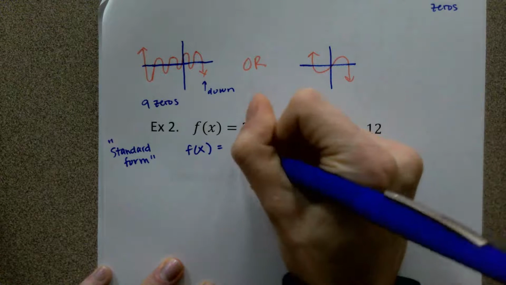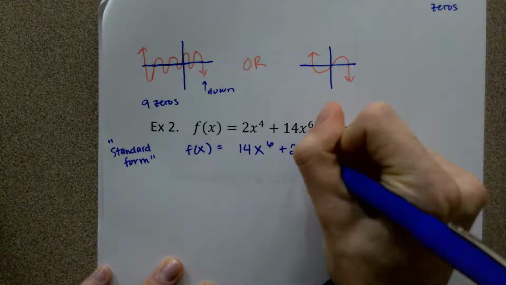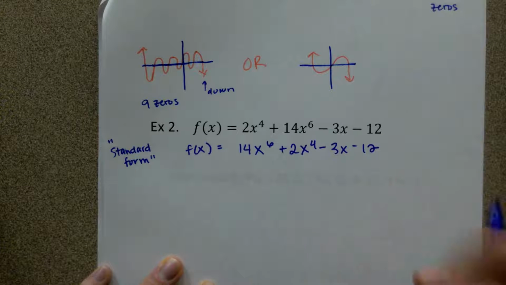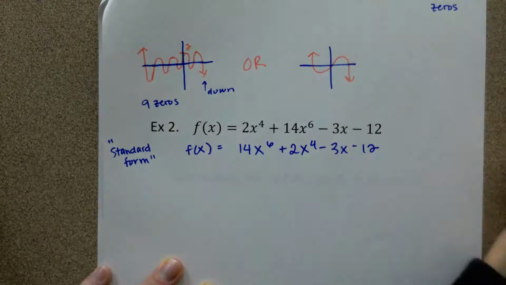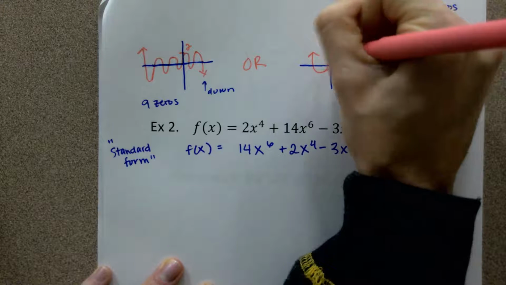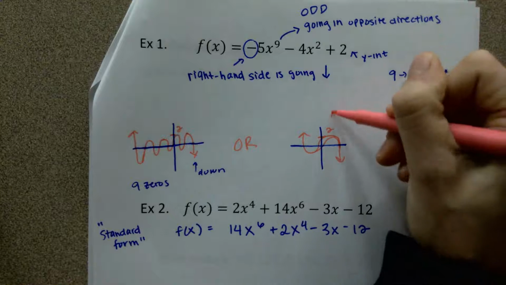So you just need to rewrite it highest to lowest degree. Oh, and also this is at y equals 2, and let's pretend that this was over here at y equals 2 for my y-intercept.